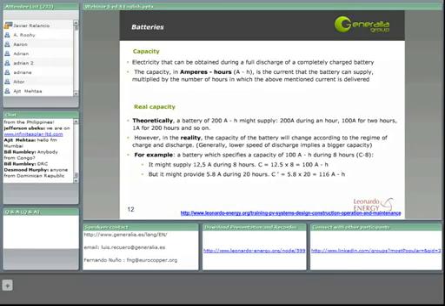For example, after the capacity of a battery in the specification sheet, it will say C8, C10, C20 or C100. That C whatever refers to the number of hours that are taken into account in order to get that capacity.